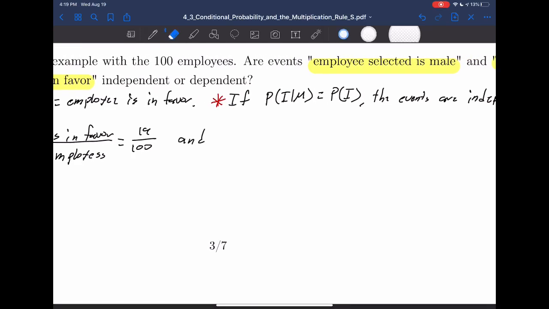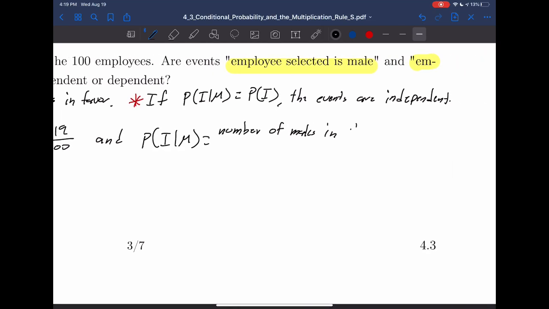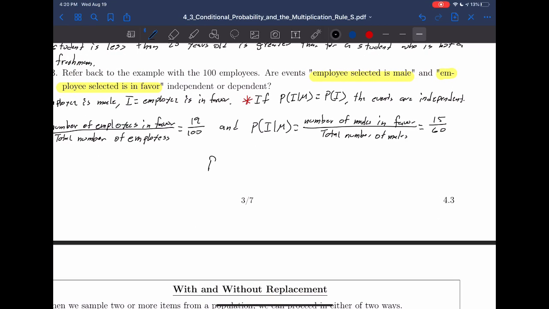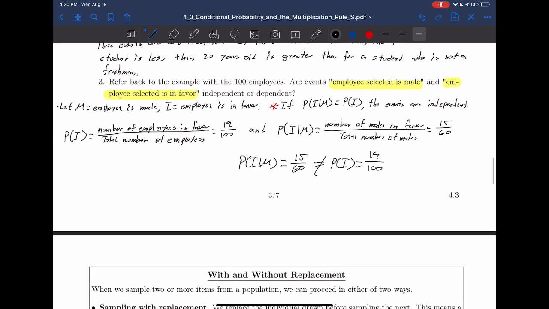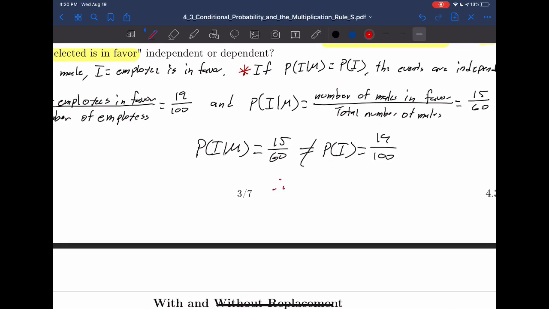And the probability of a person being in favor of the policy, given that they're male, is just the number of males in favor divided by the total number of males, which is 15 over 60. And notice that these two numbers are not equal to each other. And so since these two numbers are not equal, we could say that these two events are not independent. We could also say that these two events are dependent.